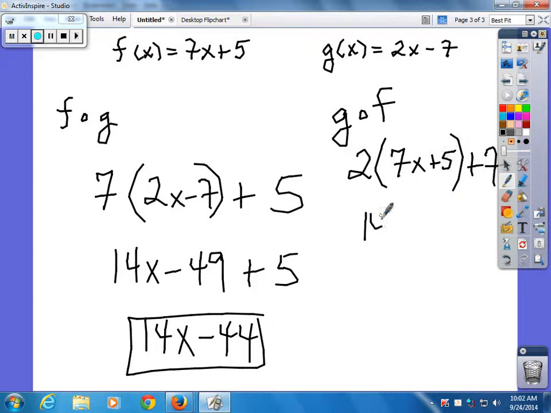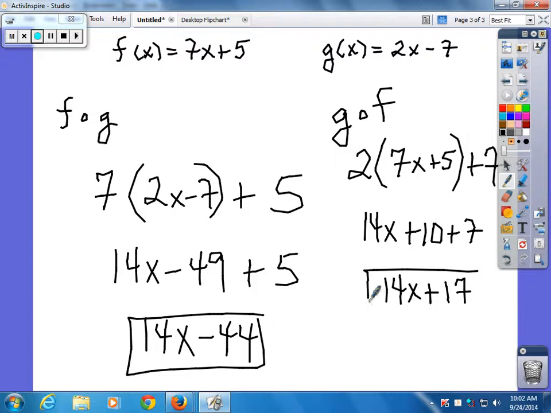And you get 14x plus 10 plus 7. 14x plus 17. And that's how you do those.